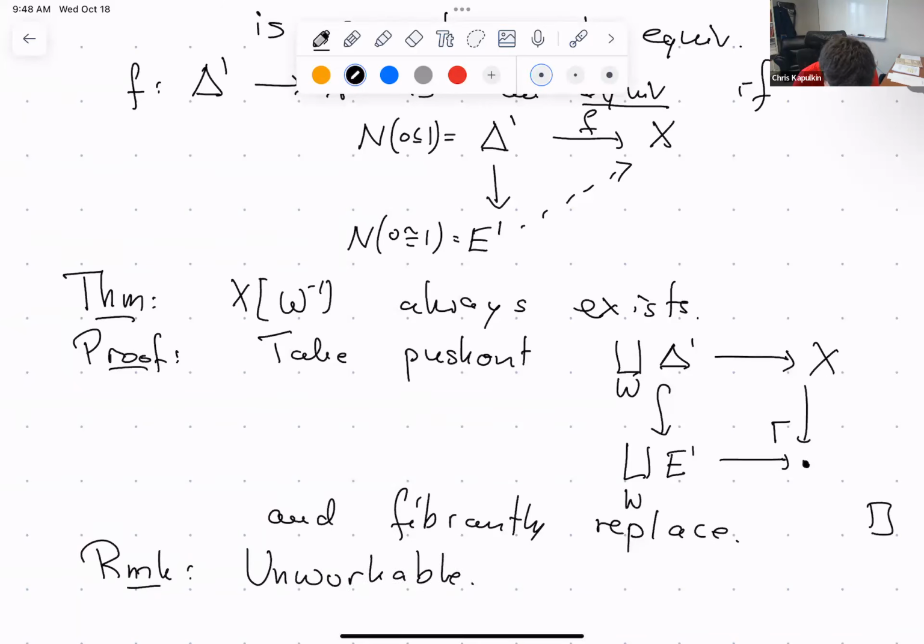In whatever little time I have left, I would like to tell you what our replacement for the calculus of fractions in the quasi-categorical context is. I'll explain this, and then next week Daniel will tell you how to use it to get workable models of localization and how to infer properties like completeness and cocompleteness of the localization from the properties of the quasi-category being localized.